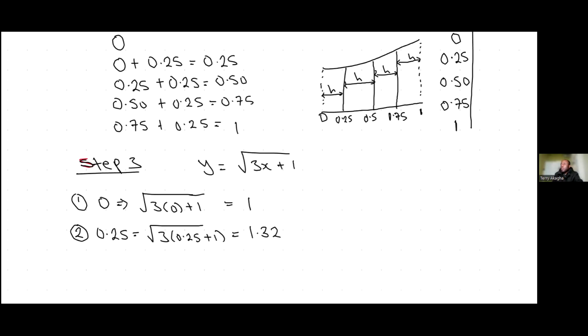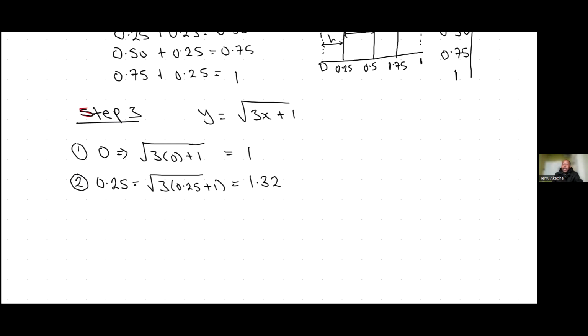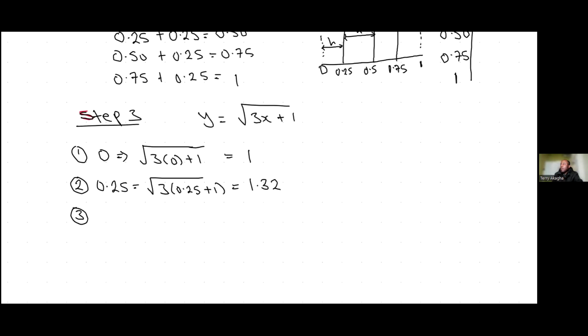Number 3, the next one we have is 0.50, which will be equal to square root of 3(0.50) plus 1, and that will give us 1.58.